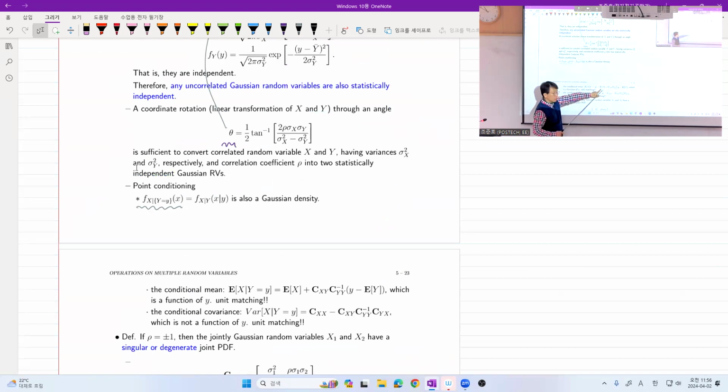And you have a single term that is corrected or modified, x, and you have y minus expectation of y, that has the unit of y, but you divide by the covariance of y, which is actually the variance of y. So now this unit becomes 1 over unit of y, but you have the cross covariance that has the unit of x and y. So what is the unit of this term? Unit of x.